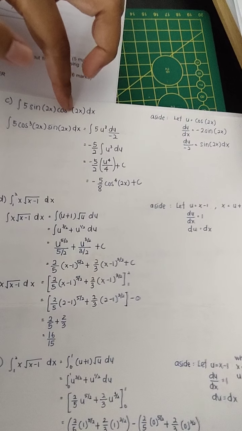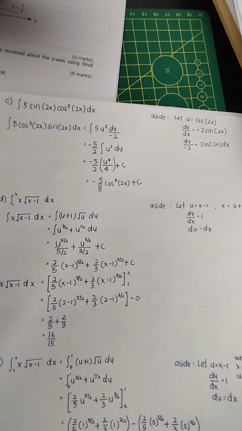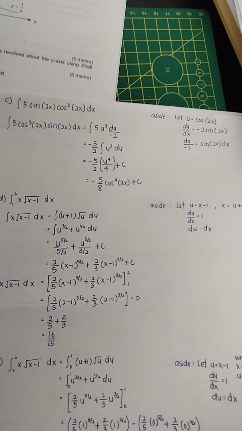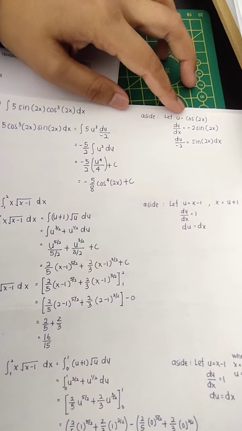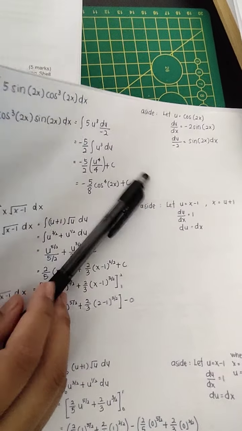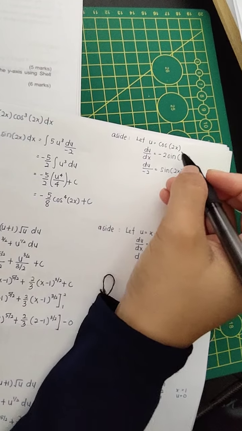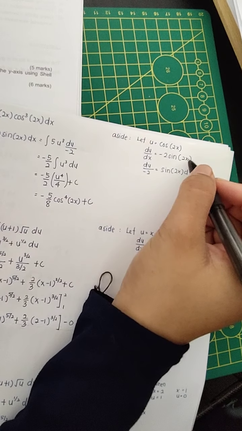So, awak tak boleh simplify, cancel out. Dan awak tak boleh tiba-tiba nak wujudkan 3, tak boleh. Okay. So, apa yang simplest adalah ambil cos cube ni. So, gantikan jadi let u equal to cos 2x. So, u equal to cos 2x. So, du over dx is equal to negative 2 sin 2x.